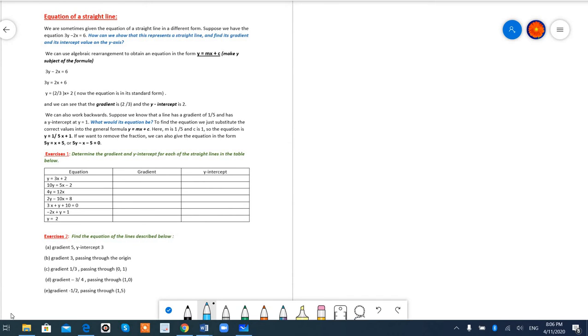In the last lesson we talked about how we can find the equation of a line by knowing 2 points on this line. Assume they told us that we have a straight line passing through the point 0, 2 and another point which is 5, 3, and they asked us to find the equation of this line.